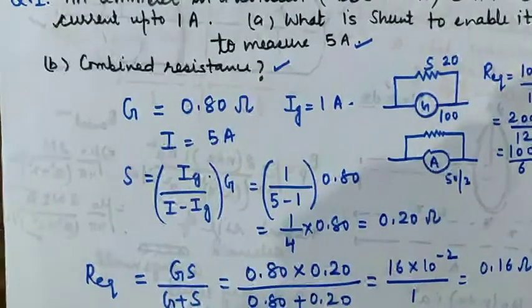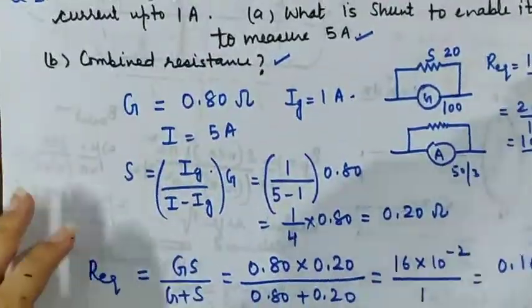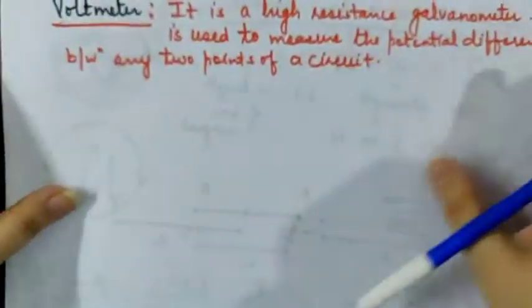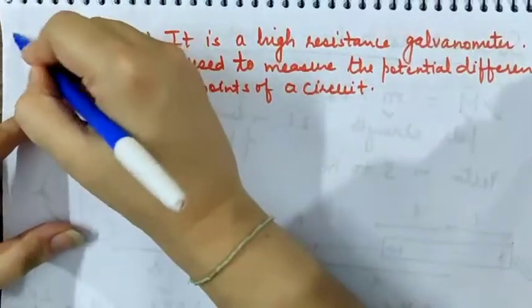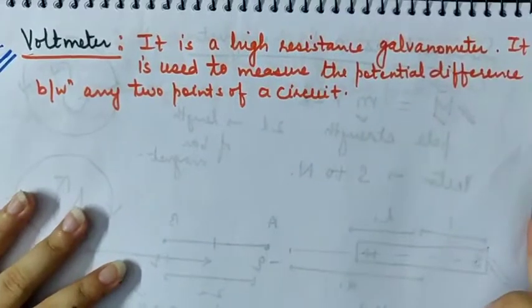Now if we want to note down the value of voltage, not the current, then the device which is used is called a voltmeter. So next we'll be discussing the concept of voltmeter. So exactly what is a voltmeter?